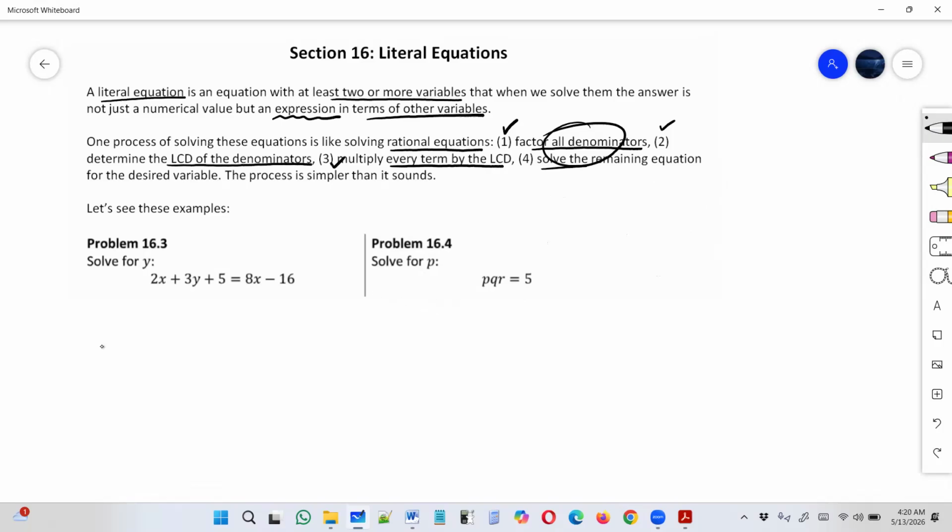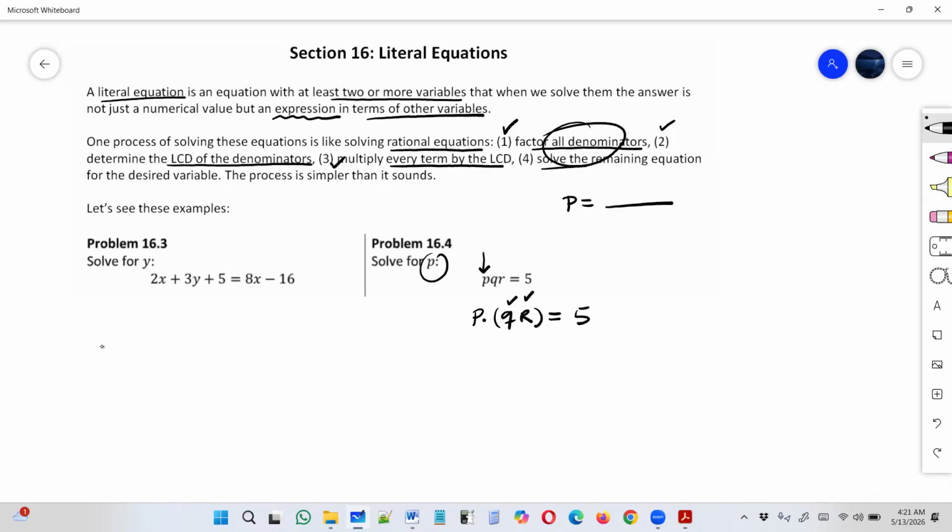Okay? So for example, let's solve this first one. In this case, obviously, I do not have a denominator, so I don't need to factor anything. But since I am solving for P, which is this variable here, all I have to do is have P equals something else on the other side. Now notice that in this equation, I have P times Q times R equals 5. All I have to do is somehow get rid of the Q and the R in this equation.